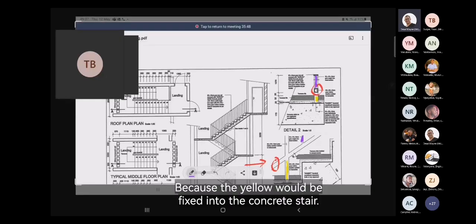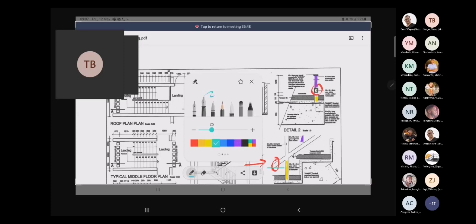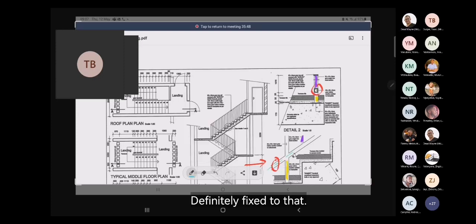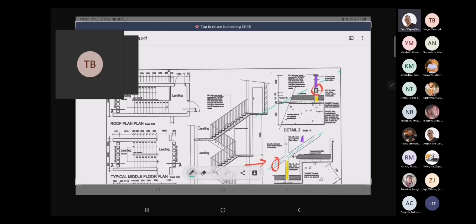Because the yellow would be fixed into the concrete stair, but the purple would be fixed to that, running through there, that we have the red circle, as well as to the top, where we have that same. So the section that says detail 2 is looking at that cut in that manner. Okay, got that?